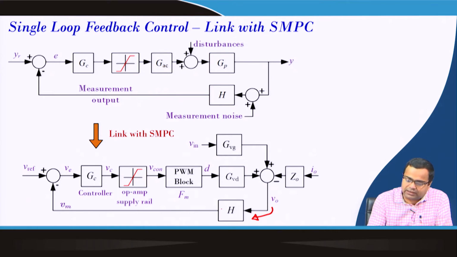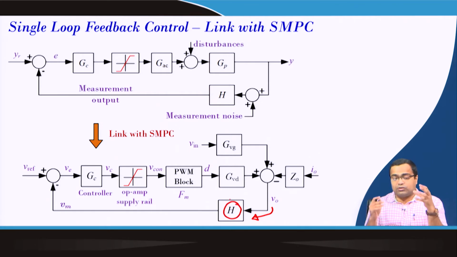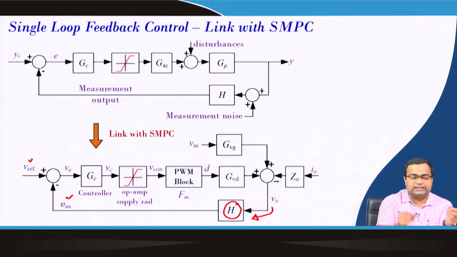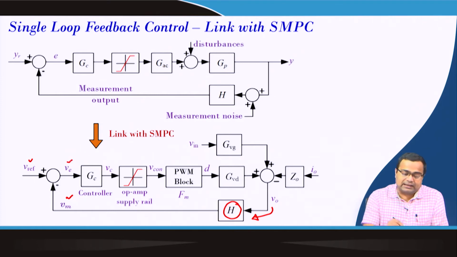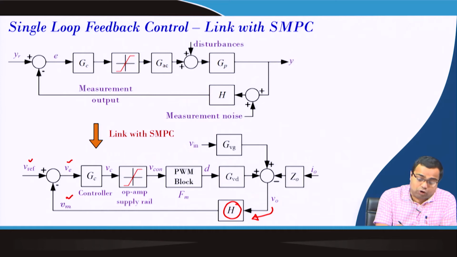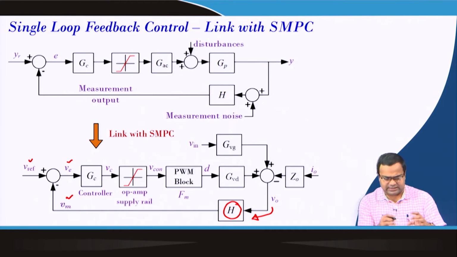This H, the feedback gain, may include the resistive divider. So, this is the measured voltage and it is compared with our reference signal, and then we generate the error voltage, and then we implement a controller, and generally an op amp is used to implement the controller.